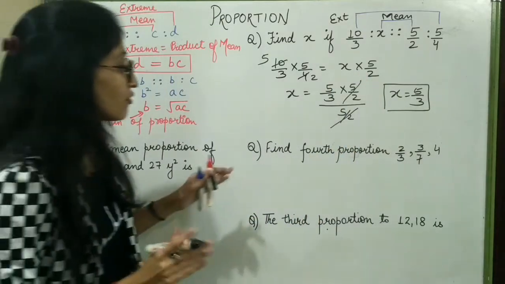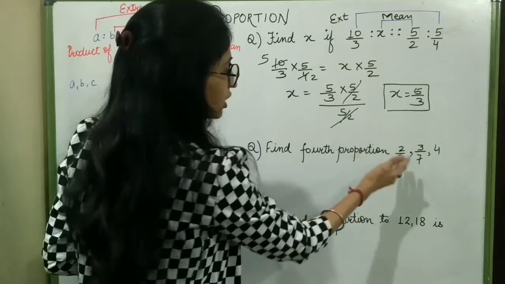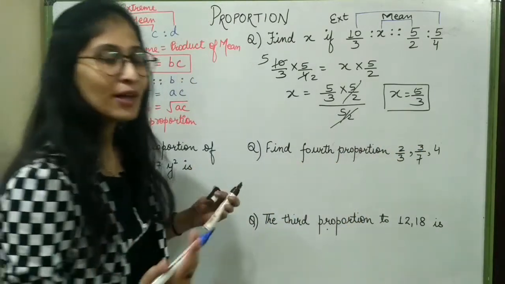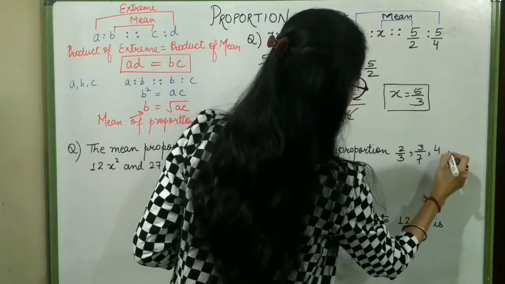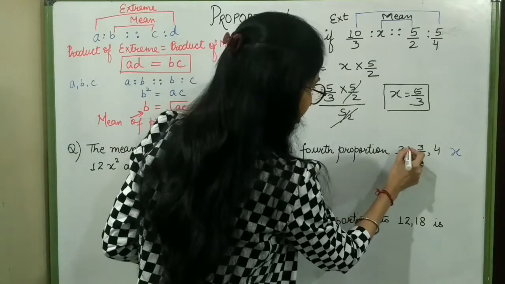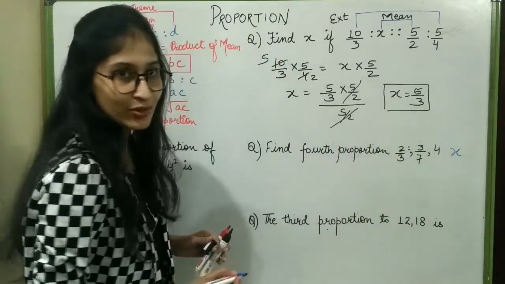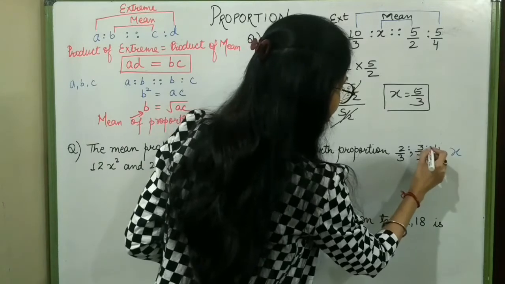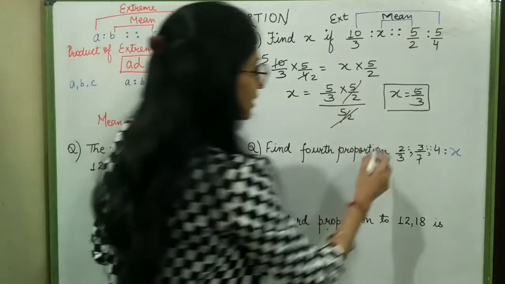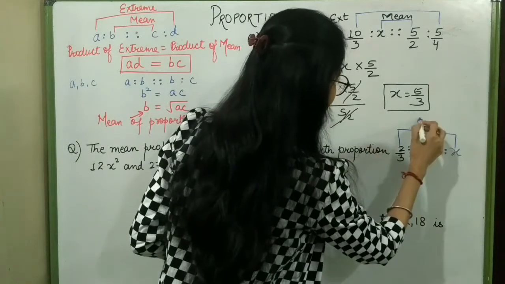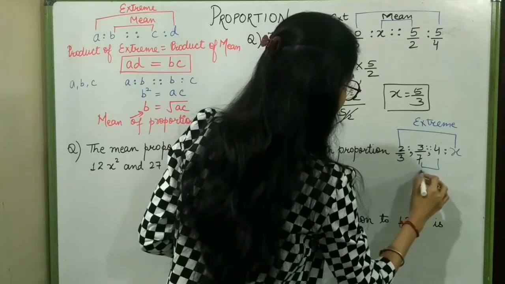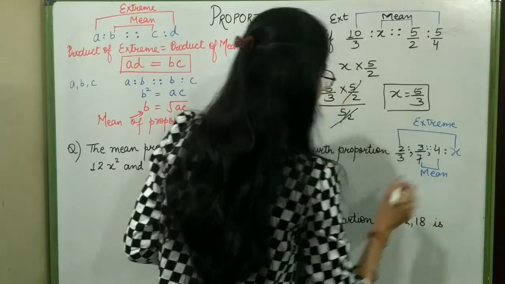Next question is find the fourth proportion to 2 upon 3, 3 upon 7 and 4. Let's say my fourth proportion is x. So I can write them as 2 upon 3 ratio 3 upon 7 proportional to 4 ratio x. Now here these are my extreme terms and these are my mean terms.